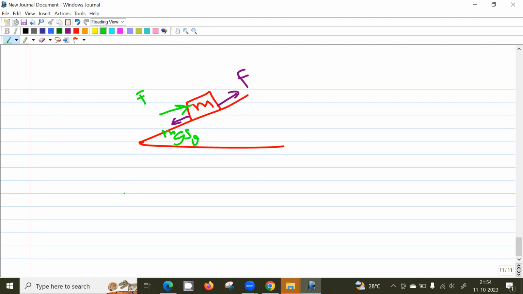If mg sin theta is greater than the applied force, then the net force is downwards, which is mg sin theta minus the applied force. So the friction force will be up.